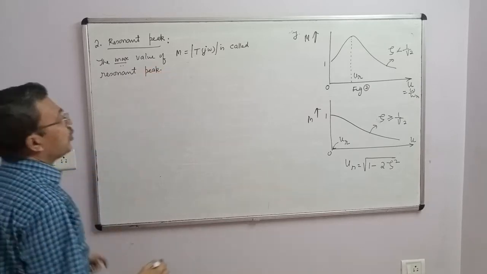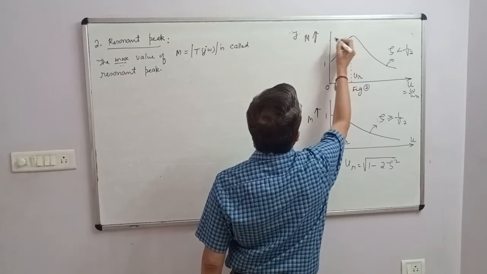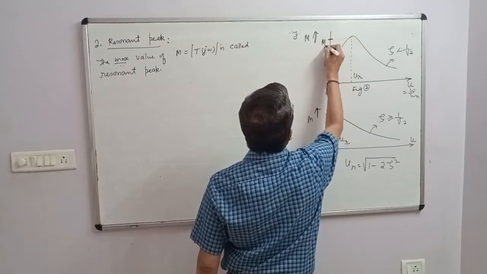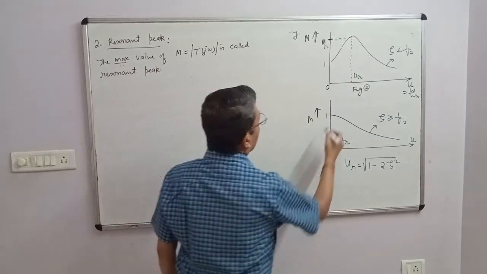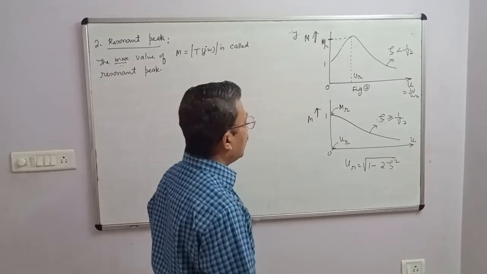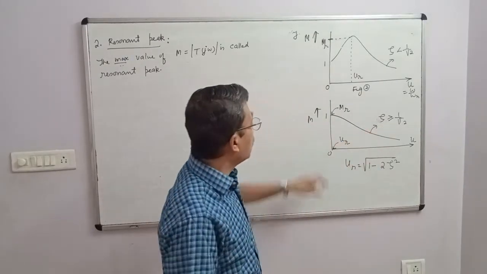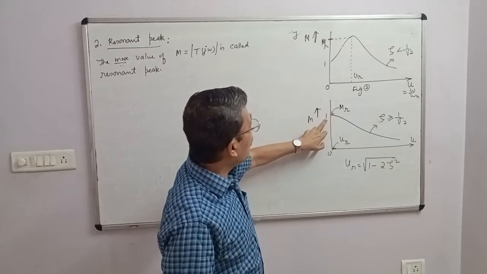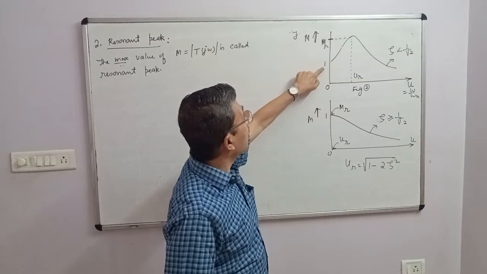This is resonant peak. When zeta is greater than or equal to 1 by root 2, resonant peak is 1. When zeta is less than 1 by root 2, resonant peak is greater than 1.